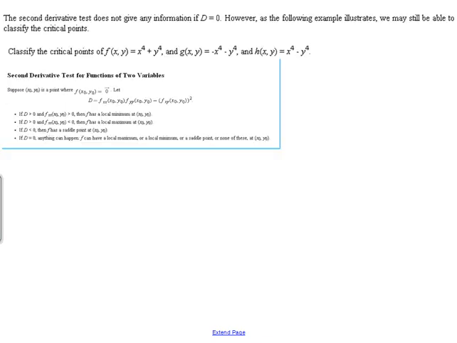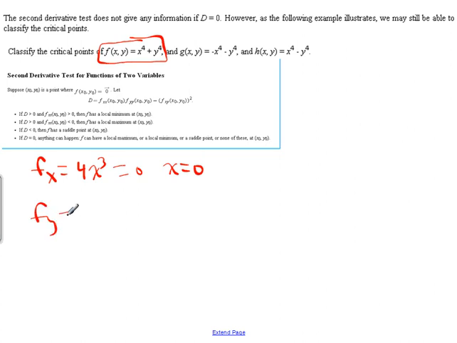Okay, so let's do another example. Let's just look at this value right here. We know that f partial x equals 4x cubed. That's going to equal 0 when x equals 0. And f partial y equals 4y cubed, which will equal 0 when y equals 0.